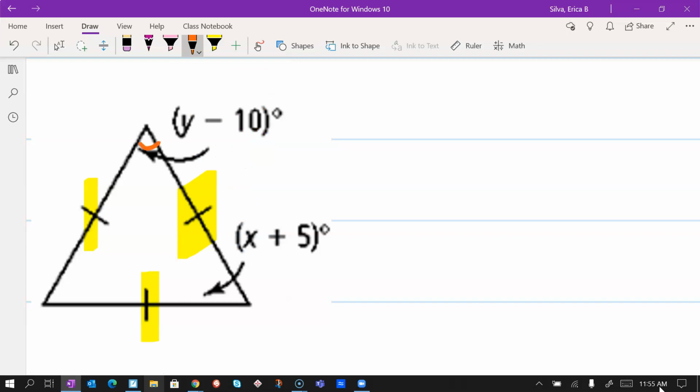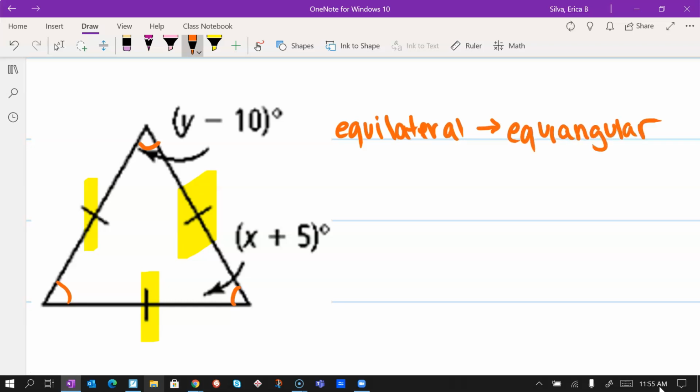They're also congruent because we have equal angular. So let's write that down. Equilateral means we have equal angular, which means every single angle is equal to what? It's equal to 60 degrees.